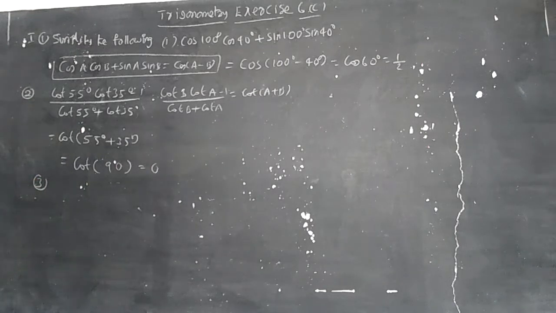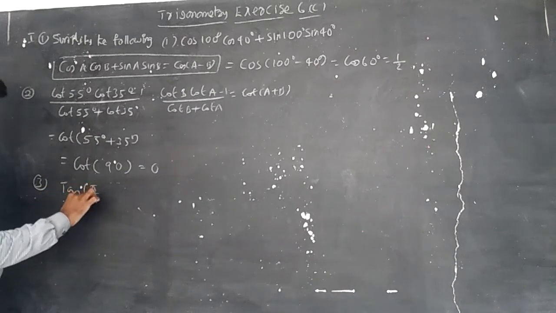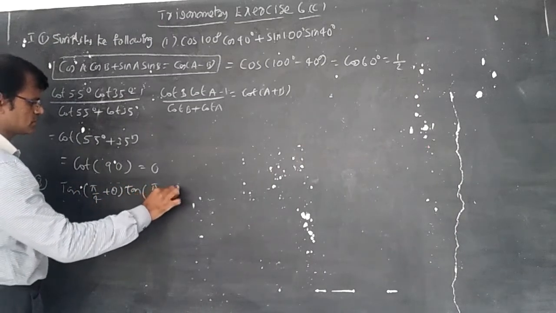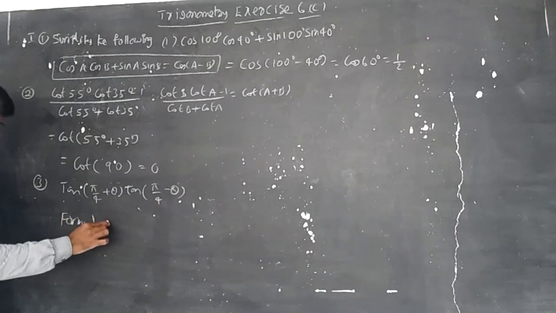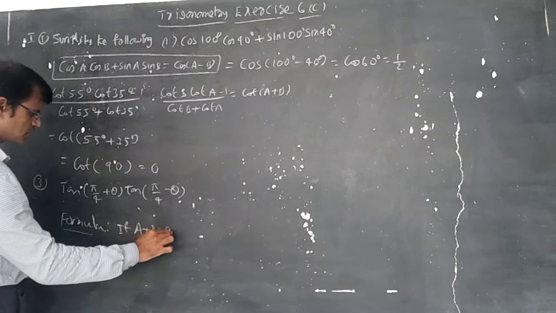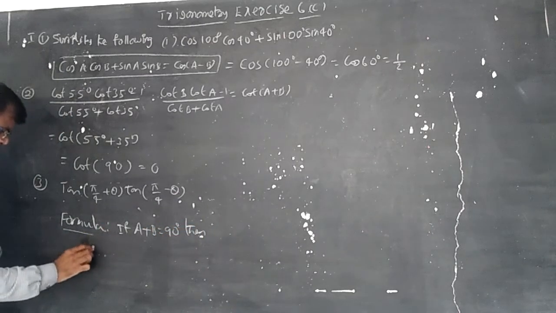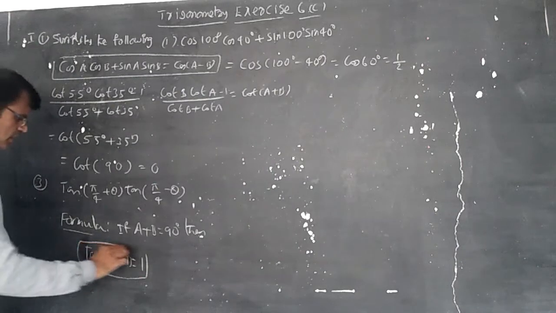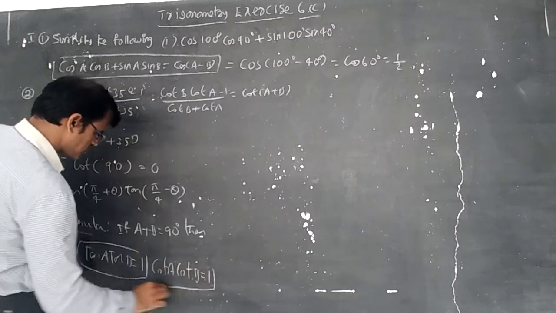Now third one, tan of pi by 4 plus theta into tan of pi by 4 minus theta. A formula we discussed which is useful for objective also: if A plus B is equal to 90 degrees, then tan A into tan B is equal to 1, and cot A into cot B also is equal to 1.